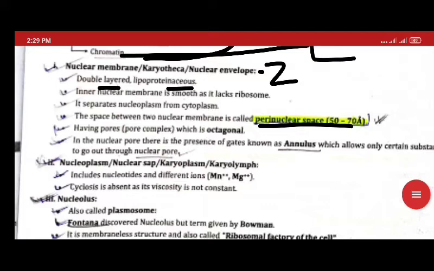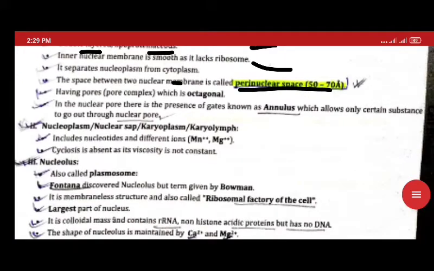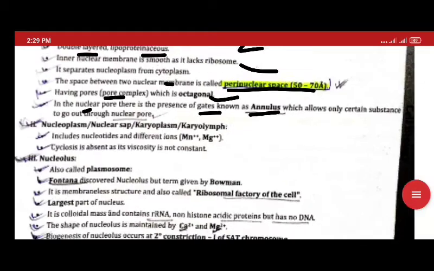The outer membrane bears ribosomes, and it separates the nucleoplasm from the cytoplasm. The cytoplasm is where the cell organelles are present, and the nucleoplasm is inside the nucleus. So this is the boundary. Here there are also octagonal pores called nuclear pores, with a gate called the annulus.